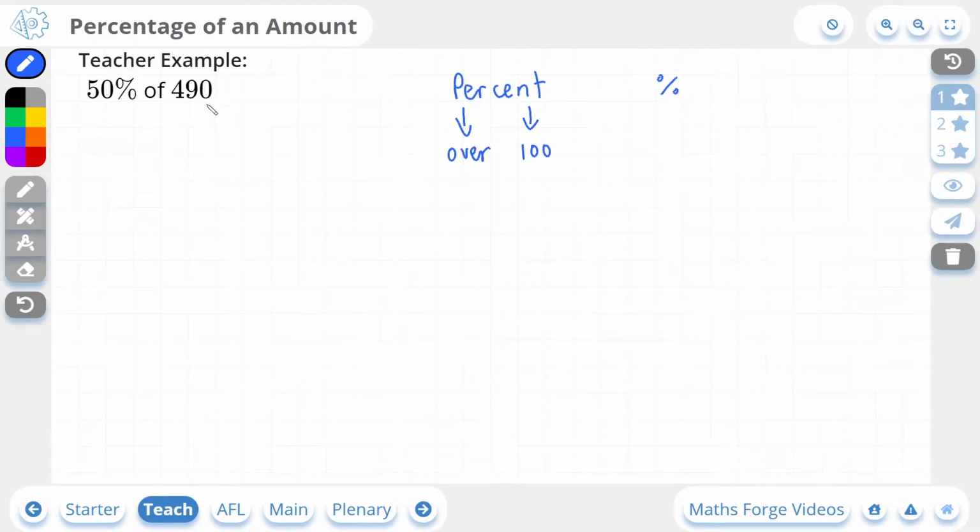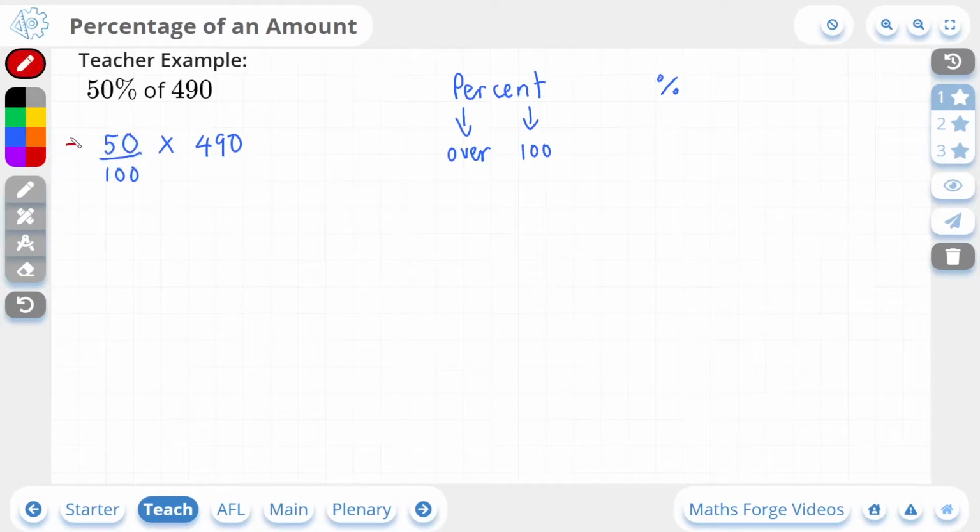So 50% of 490. Well, 50% is actually 50 per 100, 50 over 100. And the word of, as we've seen in the lesson on fractions of an amount, can be translated mathematically to a multiplication symbol. So 50% of 490 is 50 over 100, times 490. And 50 over 100 can be simplified.